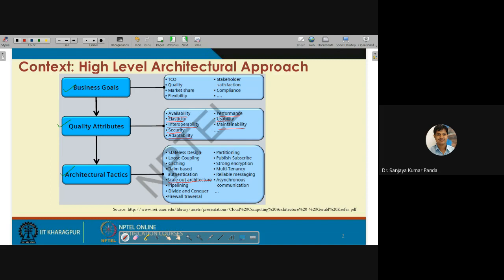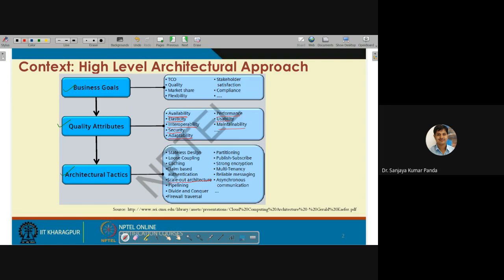So just like in your computer system, you have 2 GB, right? You are adding another 2 GB. Suppose 2 GB of your RAM is there, you are adding another 2 GB. So it is called vertical scaling. But what is horizontal scaling? If you combine 2 computer systems. So here, the scale-out architecture is an example of horizontal scaling, not vertical scaling.